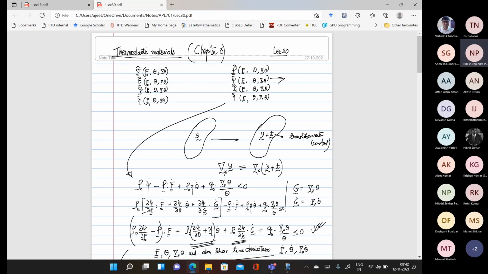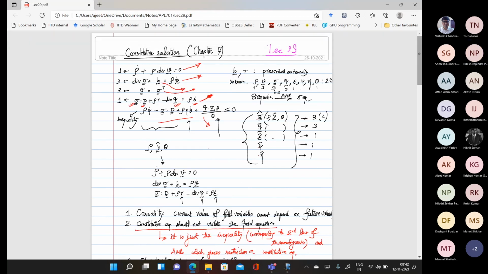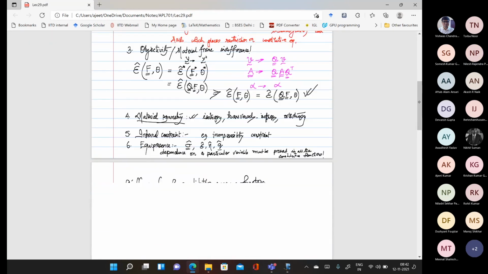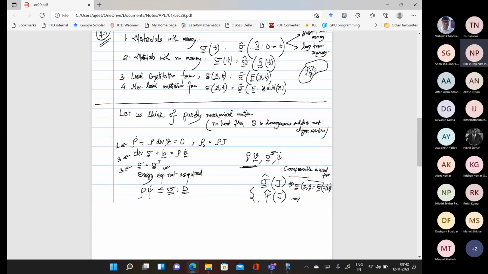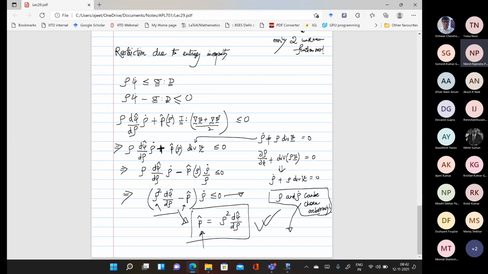Sir, in lecture 29, can you open, sir? Okay. Sir, go to the last line. Yeah. Sir, why does this inequality change to equality, sir? P cap is equal to rho square.